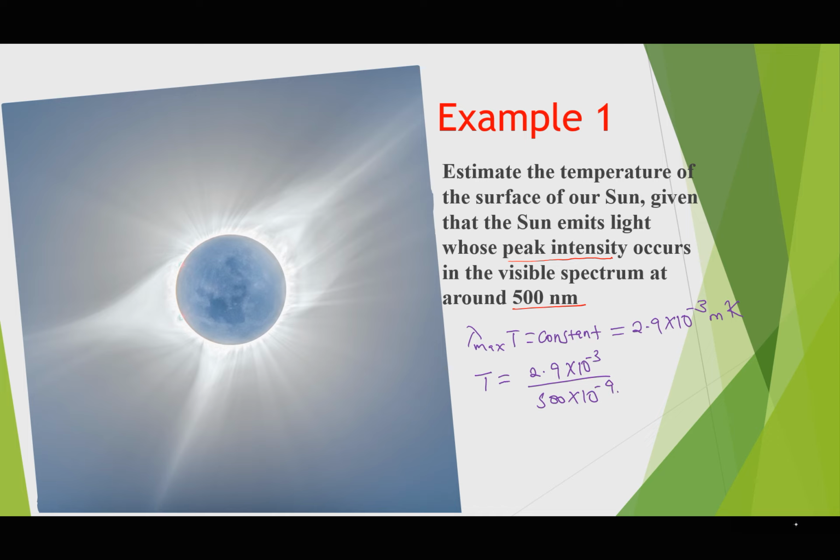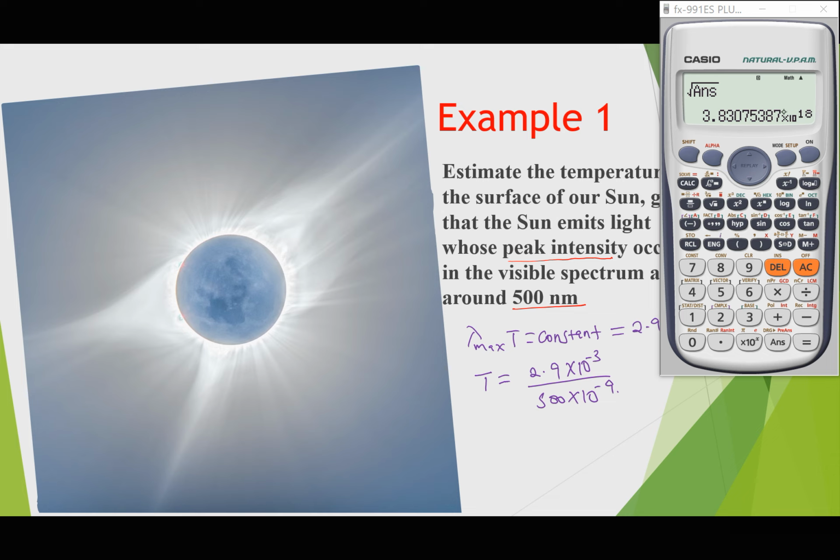I need to call my calculator. So this is 2.9 exponent minus 3 divided by 500 exponent minus 9.